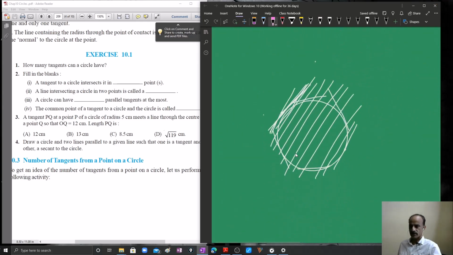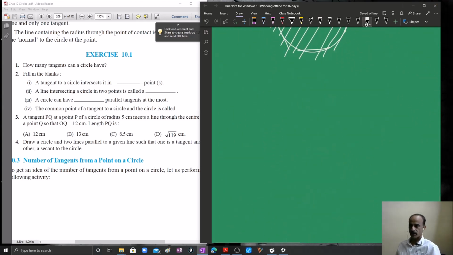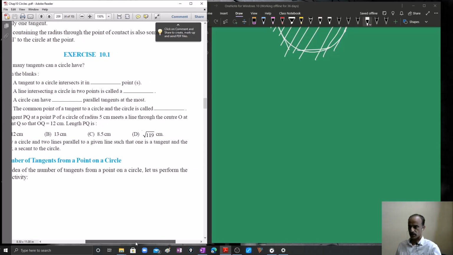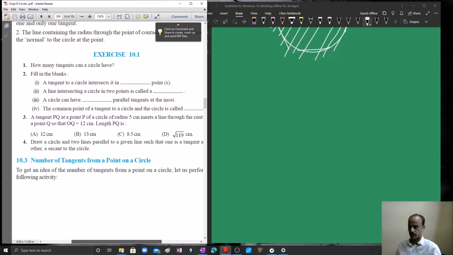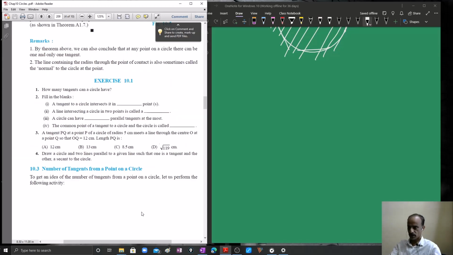Let us come to the first question, that is 10.1 question 3. A tangent PQ at a point P of a circle of radius 5 cm meets a line through the center O at a point Q, so that OQ is 12 cm. Find the length of PQ.